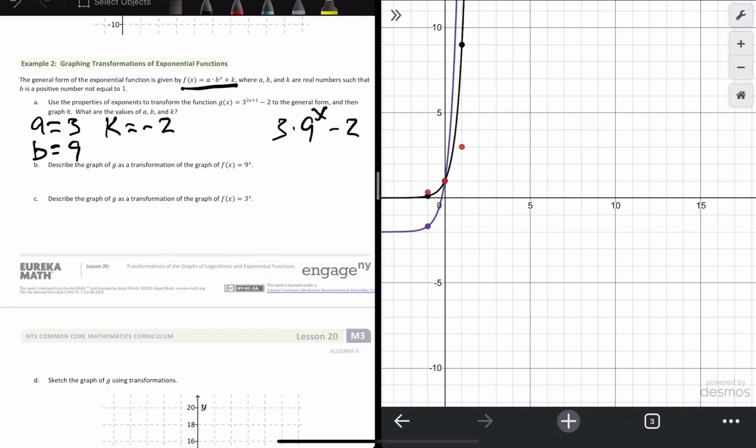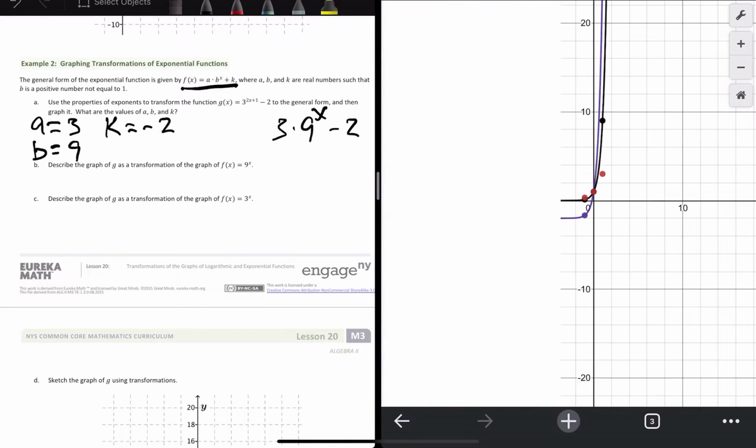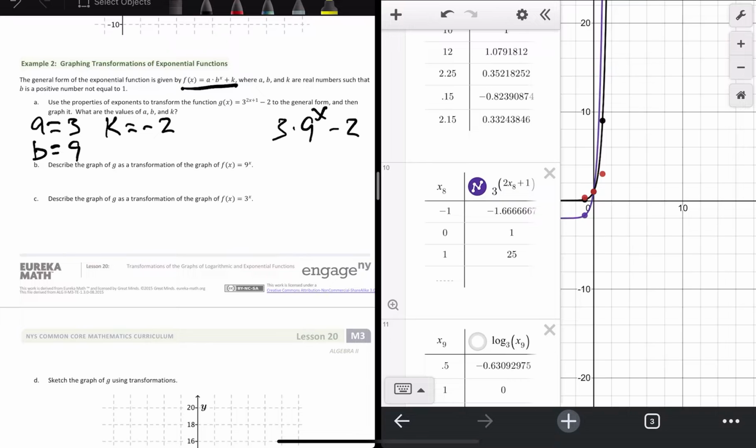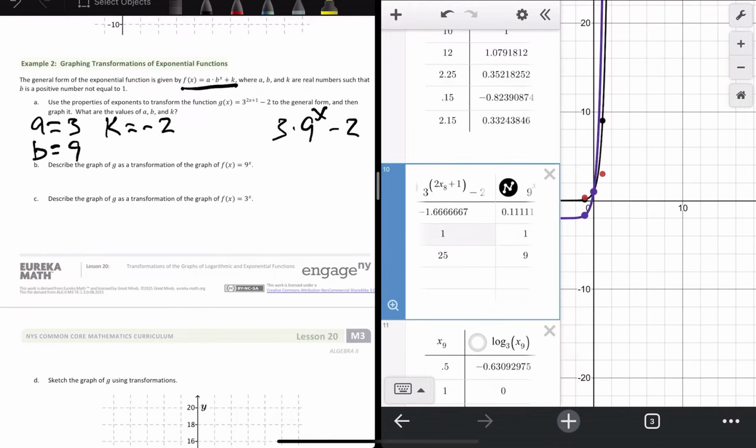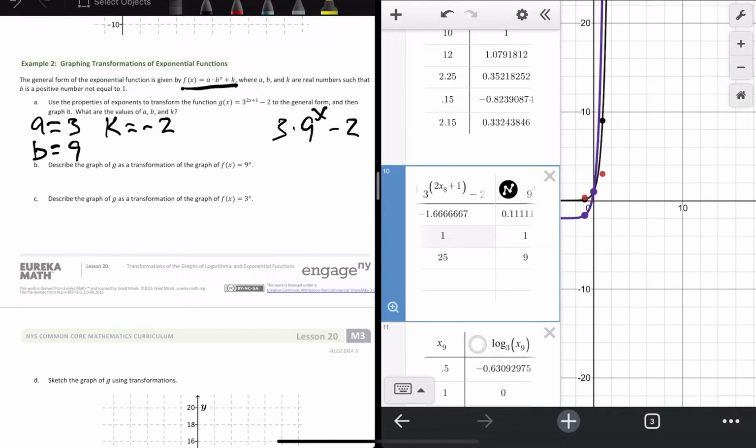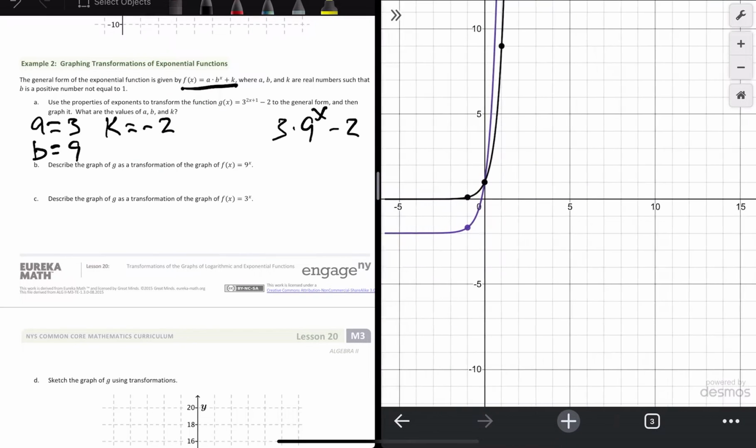Now it says describe the graph of G as a transformation of the graph of 9x. Okay, so if we go look at 9x, see which one that was. That's the black one. Let's take a look at that. What's going on here?